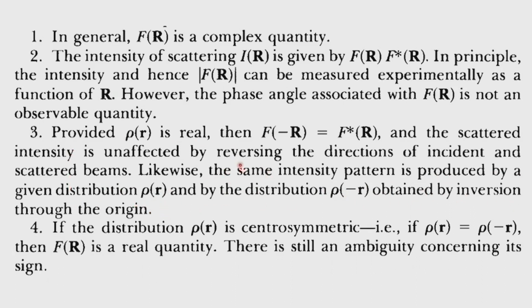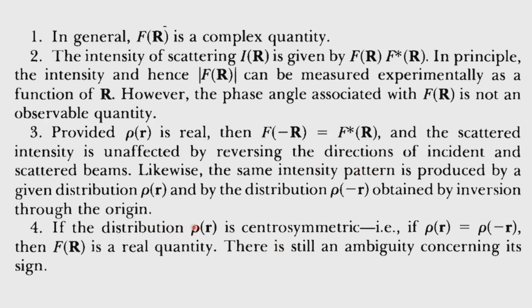That means when you have an inversion center and the electron density is measured, this inversion center will ensure that you get a real quantity. So f of r in that situation of a center symmetric positioning of the atoms will become a real quantity.